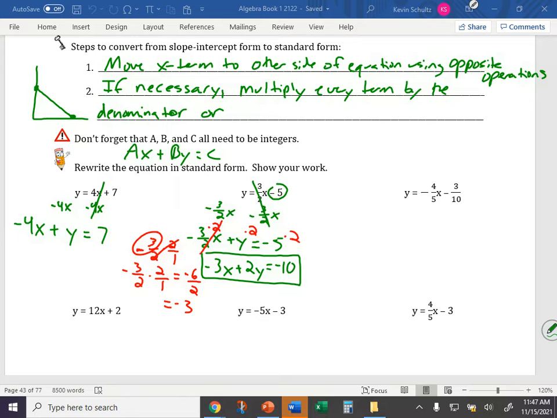Right, so we're going to be adding 4/5 x to both sides. On the left side, as we want to happen, it cancels out. That leaves us with 4/5 x plus y equals, don't forget about that subtraction sign, it belongs to the negative 3/10, equals negative 3/10.